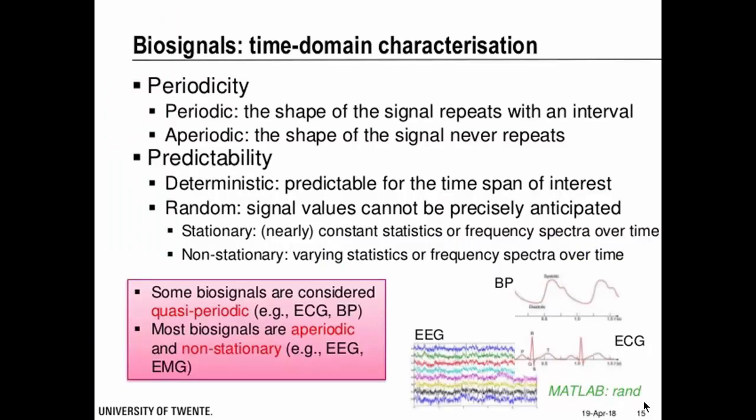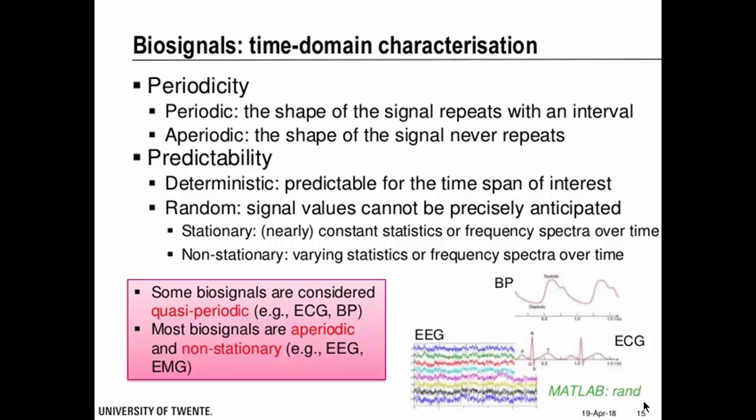So one thing about a biosignal is that they have a time domain characterization. What does that mean? That means as we go through time, they go up and down and up and down. They have a certain periodicity. So you start at time 1 and then you're measuring the biosignal. You'll see that it changes as we go through time.